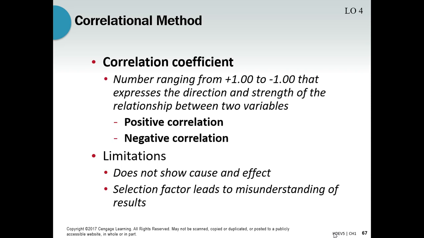And so, even in a situation like that where you would expect it to be close to perfect, it's never going to be perfect. And in psychology, when our behaviors and our thought patterns are affected by so many variables, it's very unlikely that you're going to get a correlation of 1.